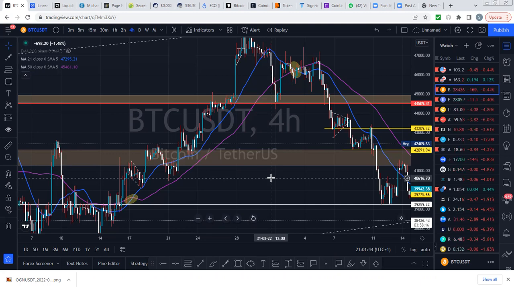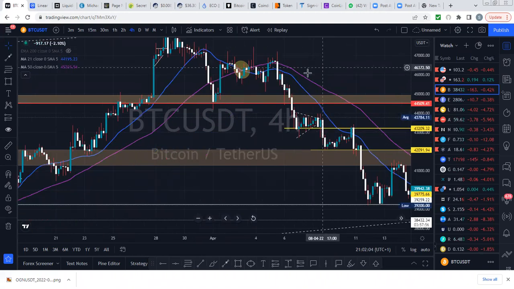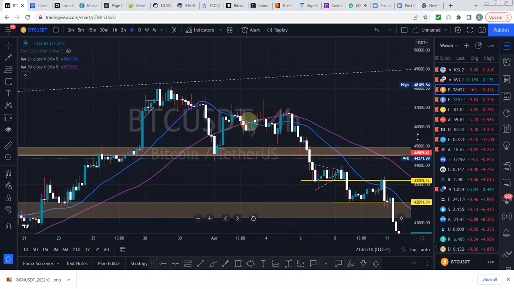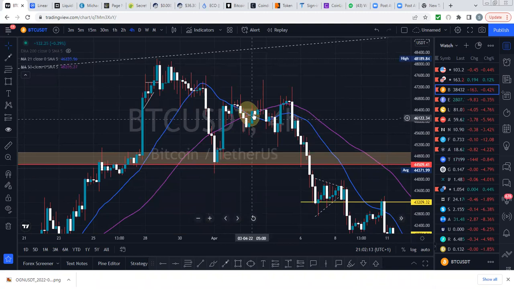Meanwhile, when the shorter term moving average crosses below the longer term moving average, here our shorter term is below while the longer term is above, it's a sell signal.